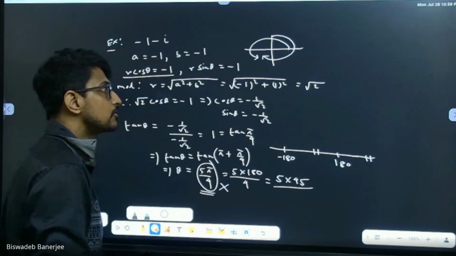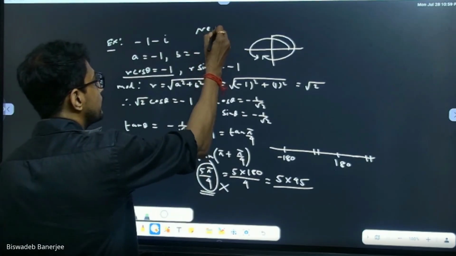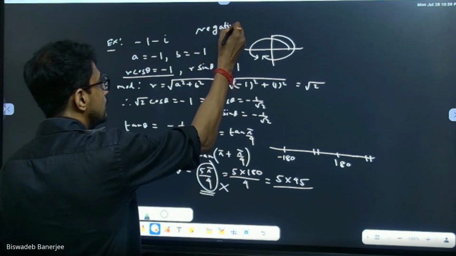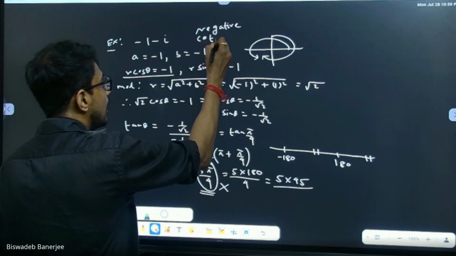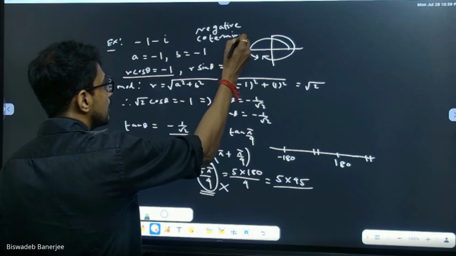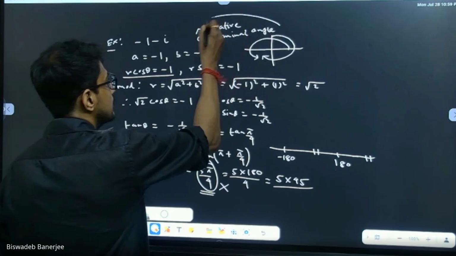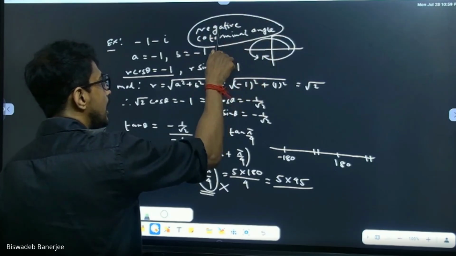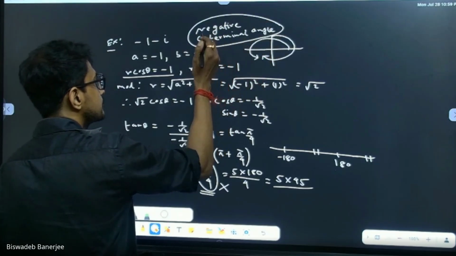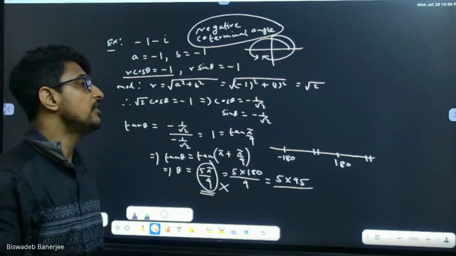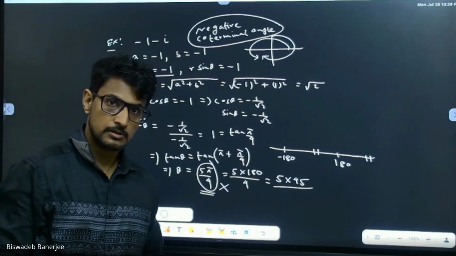This is called the negative co-terminal angle. We have done this in our higher secondary course, remember. This is called the negative co-terminal angle.